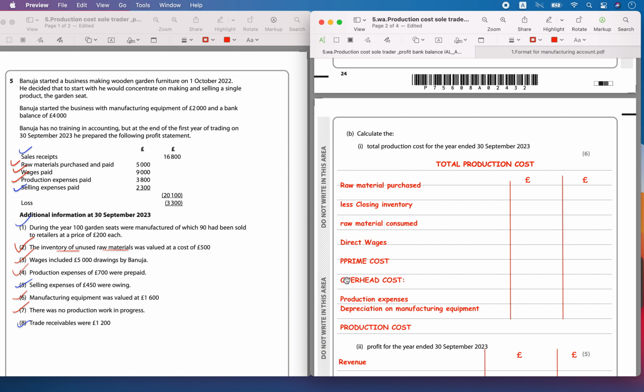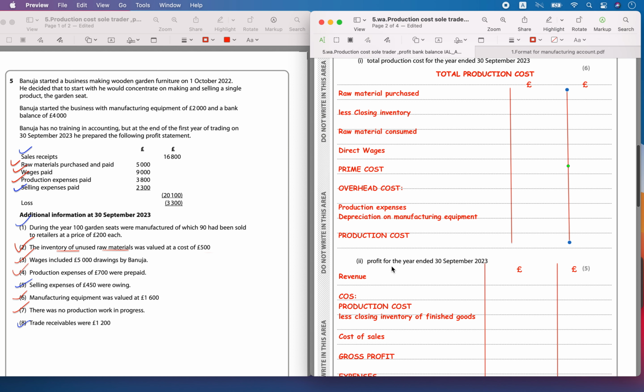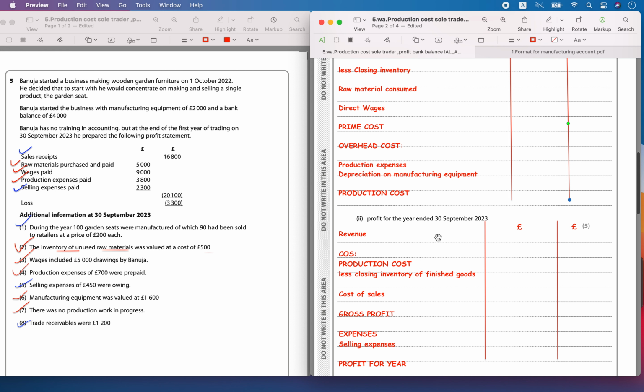You will also calculate overhead costs, which are production expenses and depreciation of the manufacturing equipment or any indirect expenses related to production. Anything that doesn't contribute to production, you have to include in the profit and loss statement.